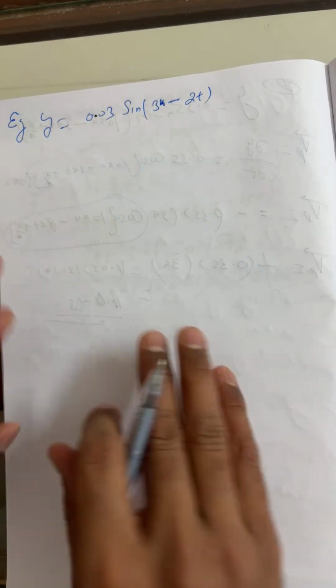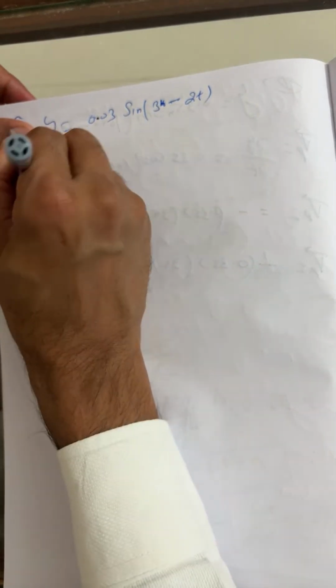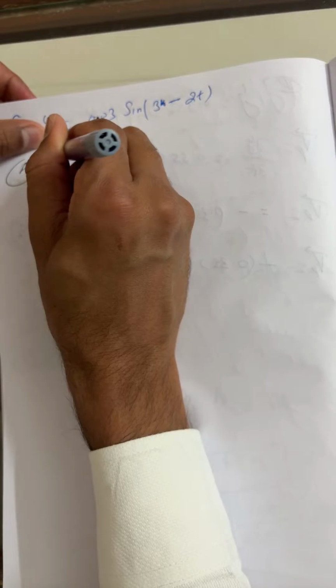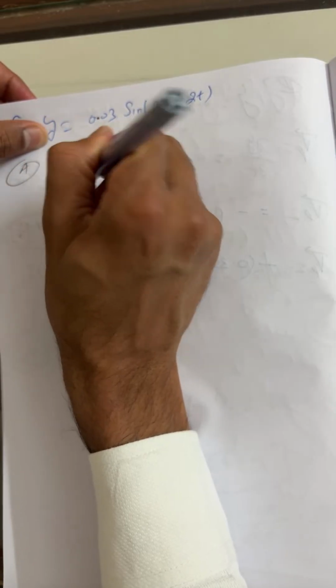A few questions are left for yourself; you can do them at home. A few questions I'll do only. This question I'm going to leave. Let us suppose time zero.